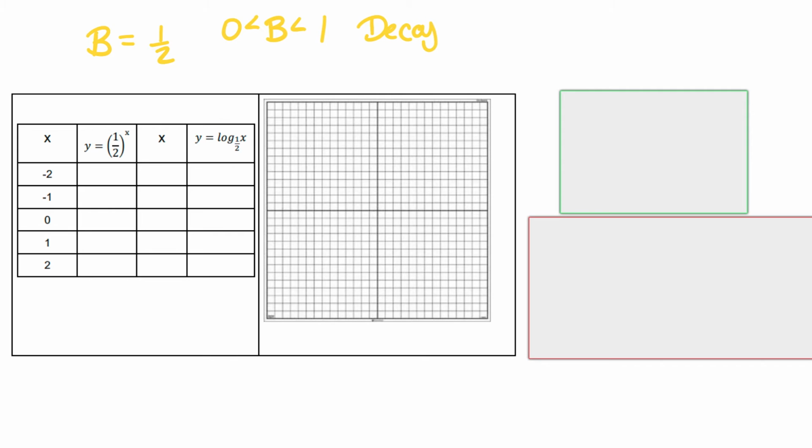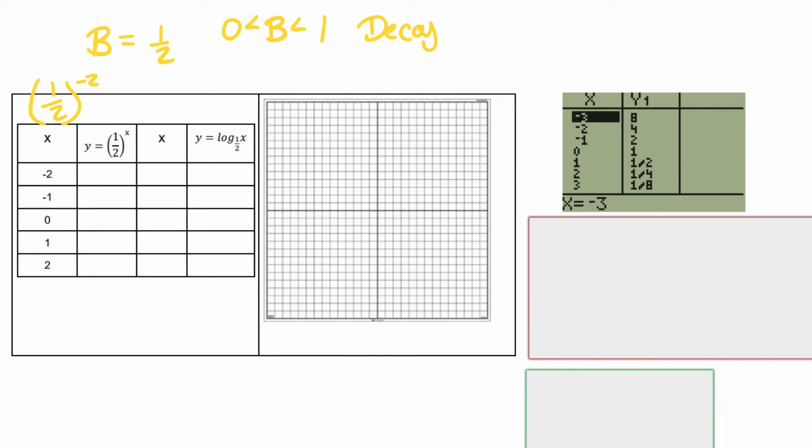We have a base value of 1/2. I just went straight to my calculator on this, but do understand that what we're essentially saying here is 1/2 to a negative 2 power. So let's take a look at the values that we have here.